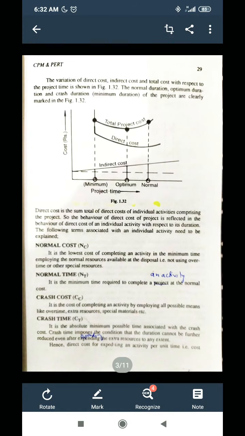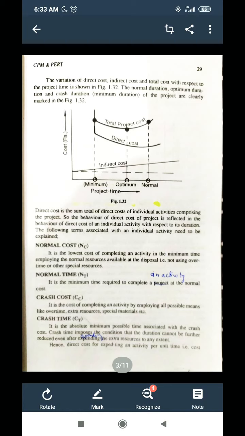And the variable indirect cost is directly proportional to the project time. Here we can see in this graph, figure 1.32, that the indirect cost is increasing as the time is increasing. If we decrease the time from the normal time, the indirect cost is decreasing and the direct cost is increasing.